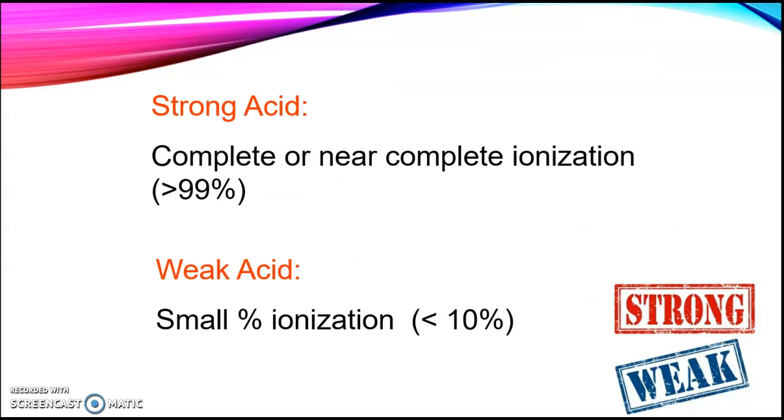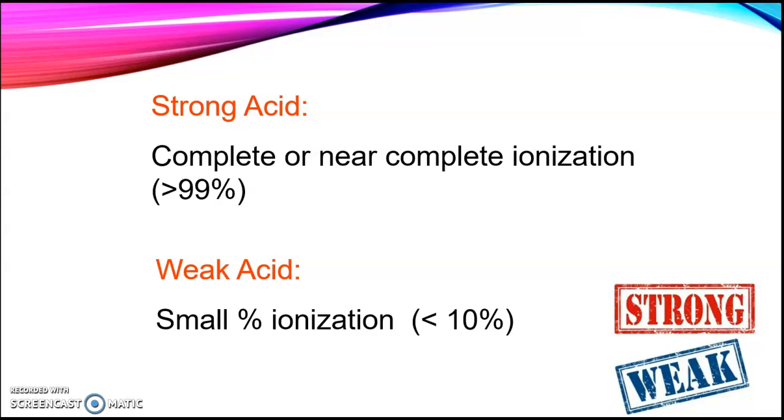So a strong acid is an acid that has a high solubility and completely ionizes all the compounds. A weak acid has a lower solubility and can only ionize or dissolve a few compounds. Being a weak acid does not mean that the acid is not dangerous. Let's think of examples of strong and weak acids.